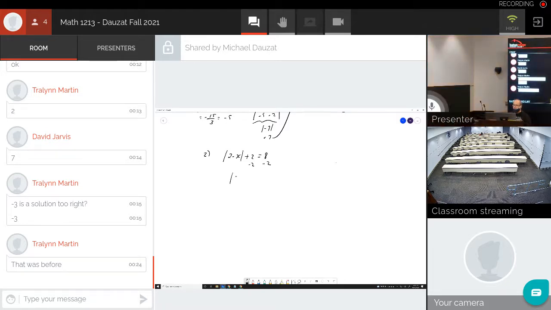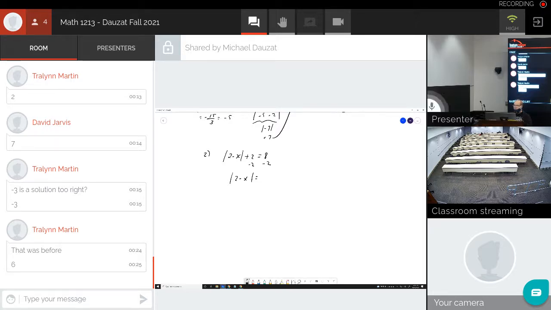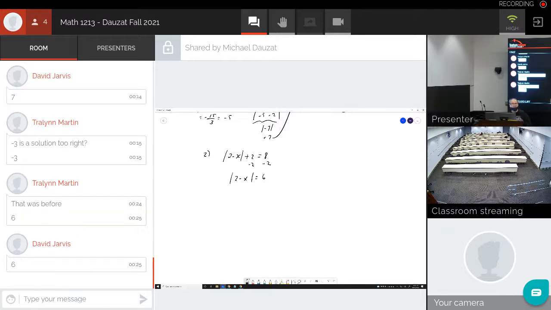And so I get the absolute value of 2 minus x is equal to, not a trick question, what's 8 minus 2? 6. Took y'all a while. All right. Now can I separate it? Can I write it as 2 equations without absolute value bars? Yep. So equal. What's going to go on the right side?